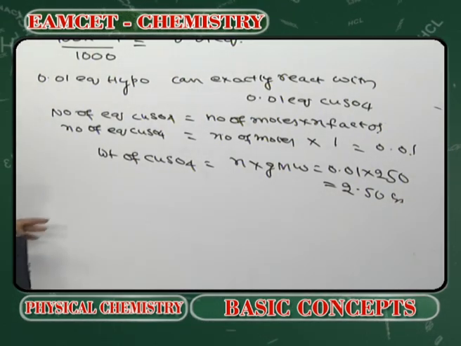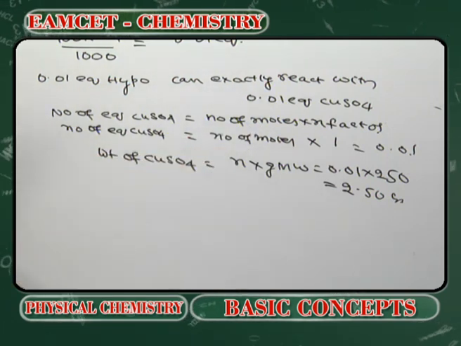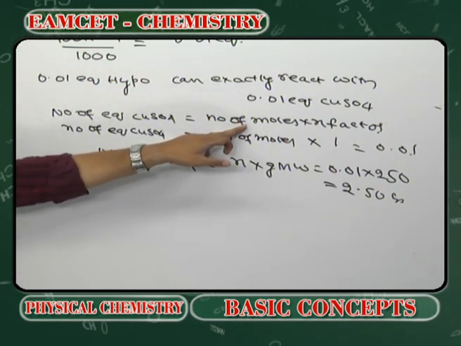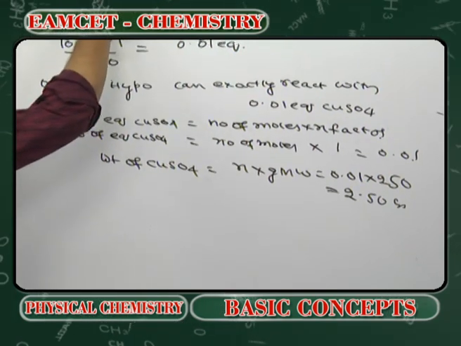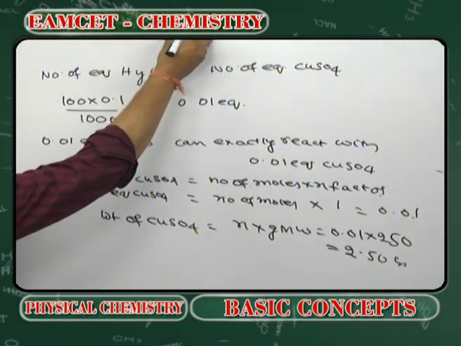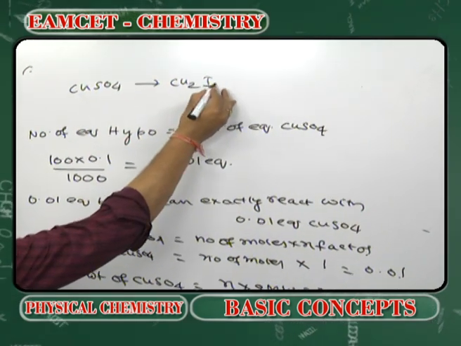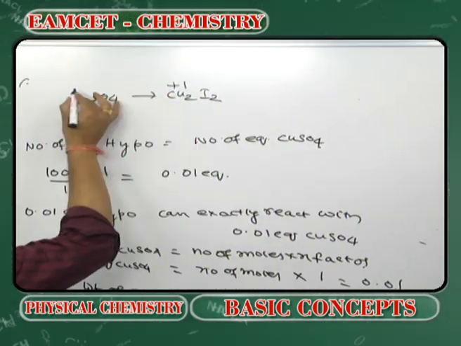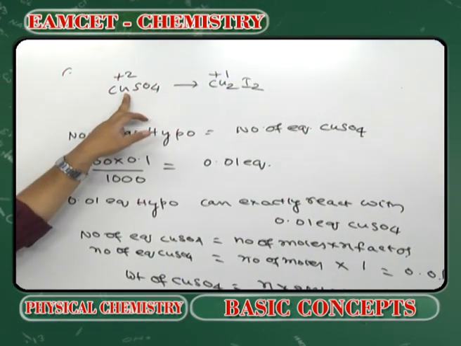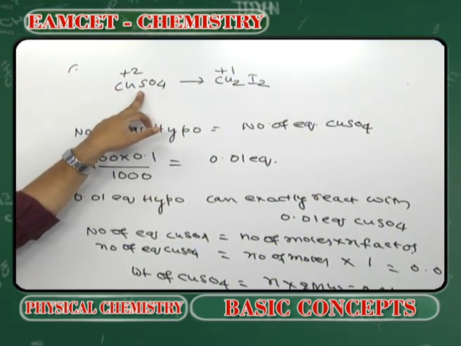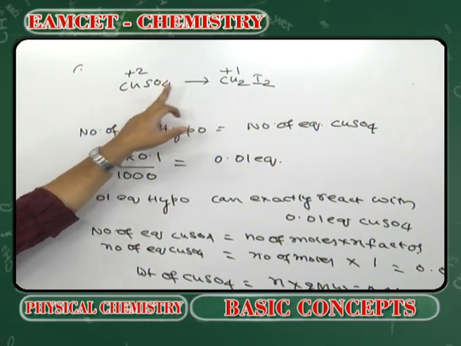Why is the n factor for copper sulfate in this reaction 1? In this reaction, copper sulfate CuSO4 will be reduced to Cu2I2. So what will be the change in the oxidation number for copper in this iodometric reaction? 1.